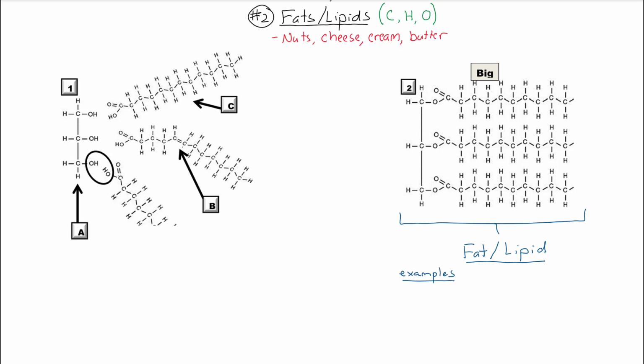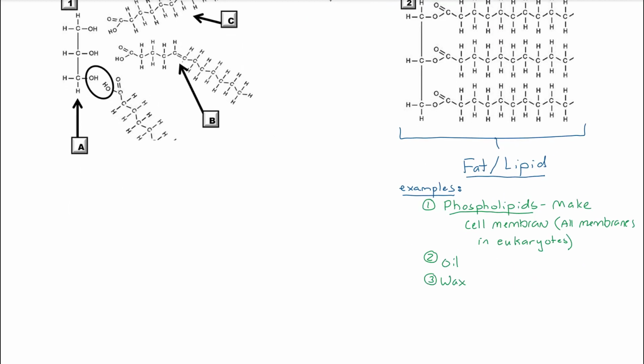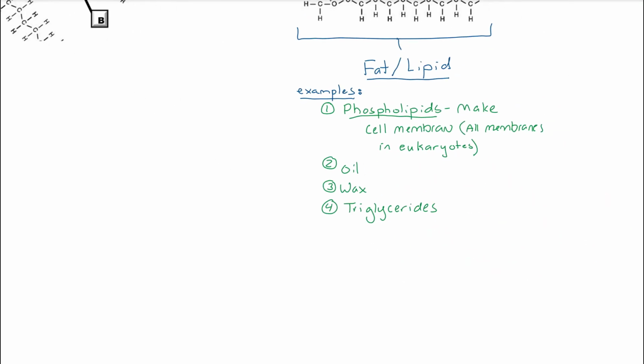There's some major examples to know. 1, phospholipids. Phospholipids make a cell membrane, all membranes in a cell. A few more examples are oil, wax, triglycerides. That word triglyceride will make sense in a second.